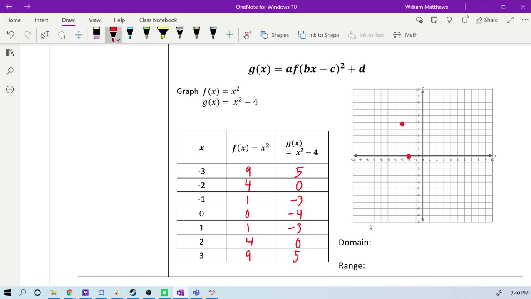Negative 1, we go to negative 3. At an x value of 0, we go down to negative 4. And we start repeating the trend in the opposite direction. 1 is negative 3. 2 is 0. And 3 is our 5.